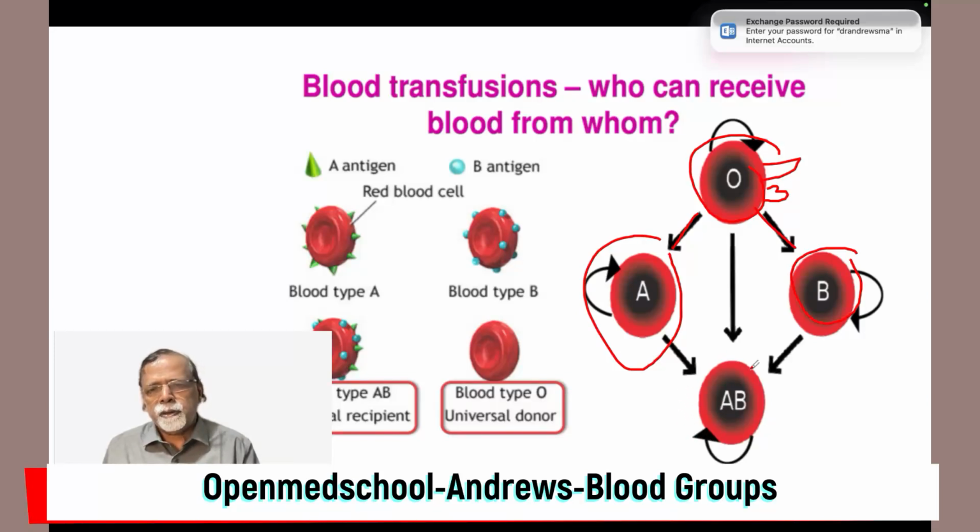So AB group blood doesn't contain anti-A or anti-B. So the rule is that when one antigen is present on the RBC, antibody against that antigen will not be there in the patient's blood. So AB blood group patient has got no anti-A or anti-B, so they can receive A group blood and B group blood. Hope it is clear to you.